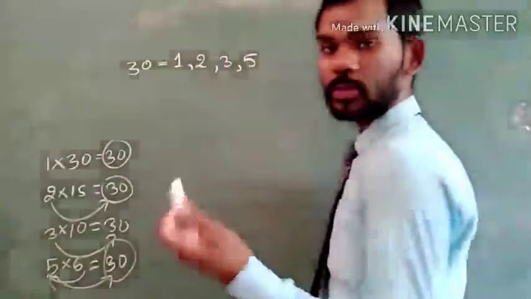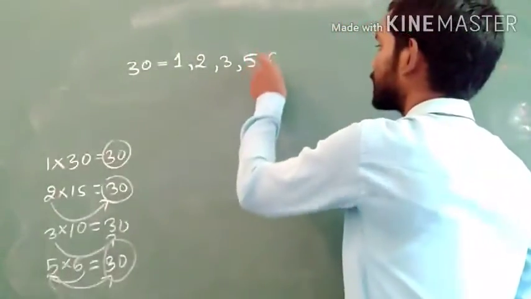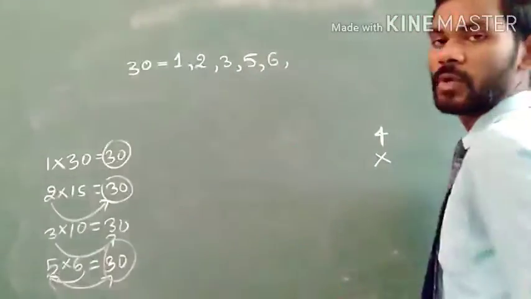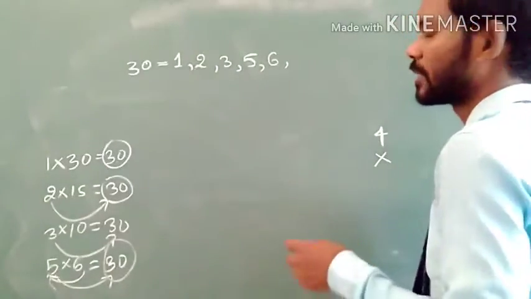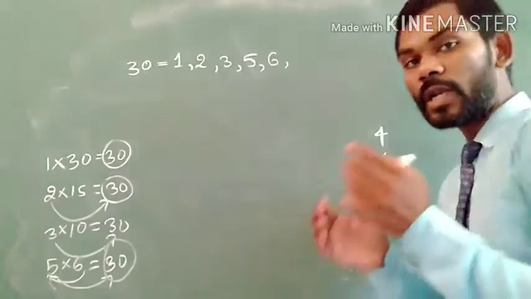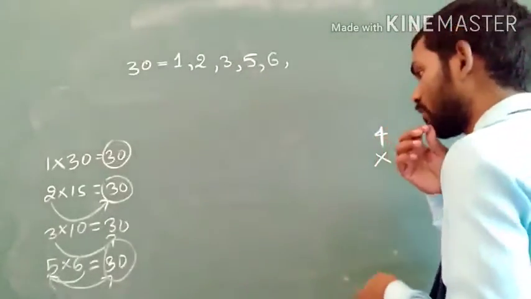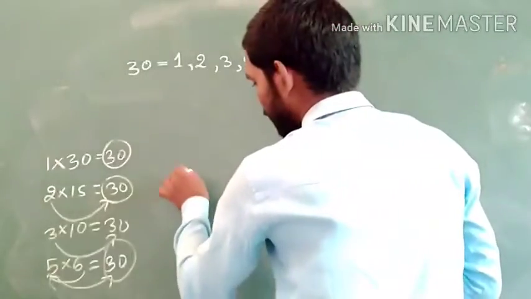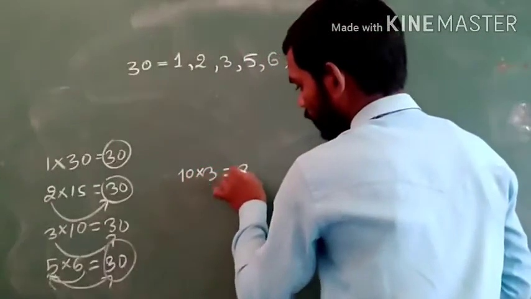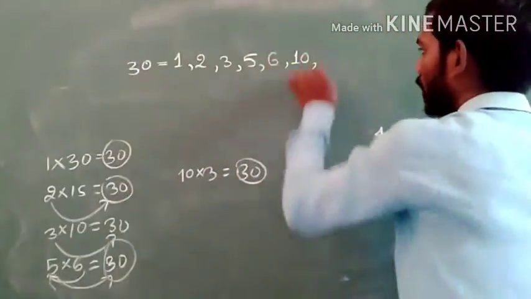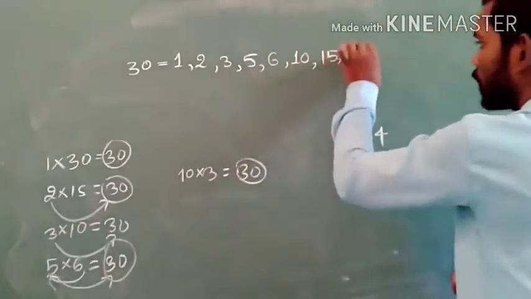That means 6 will also be a factor of 30, but 7 will not be a factor of 30. Similarly, 8 and 9 will also not be factors of 30. But 10, as we multiply 10 by 3, we get 30 again, so 10 will be a factor. Again 15 and 30.